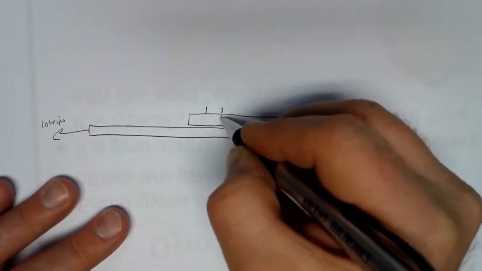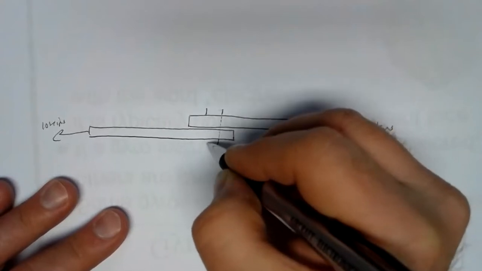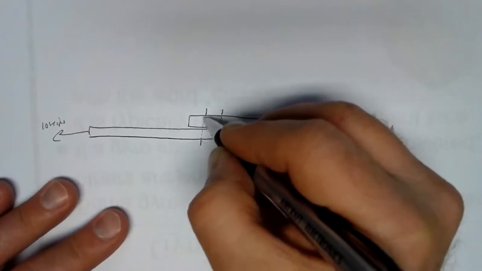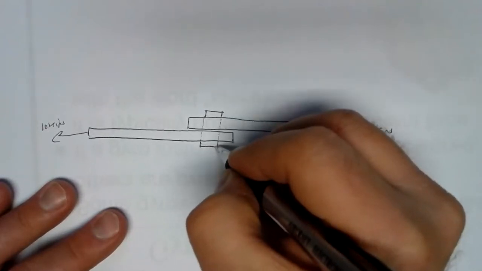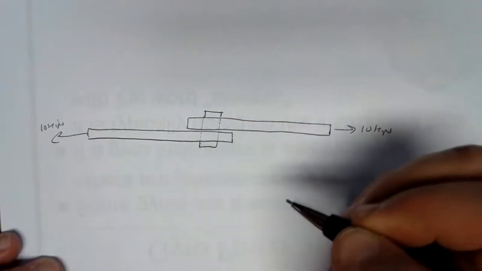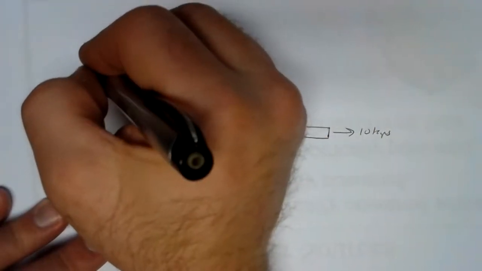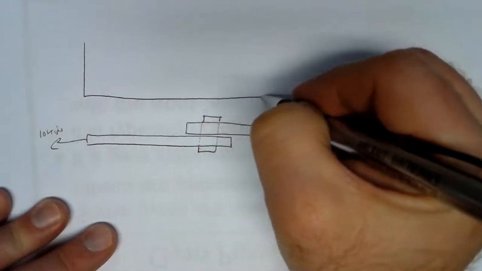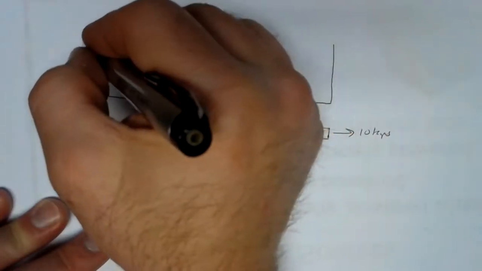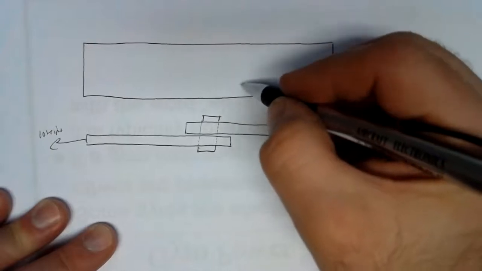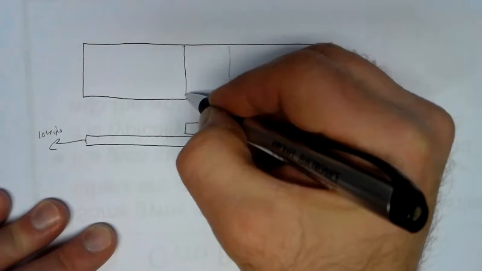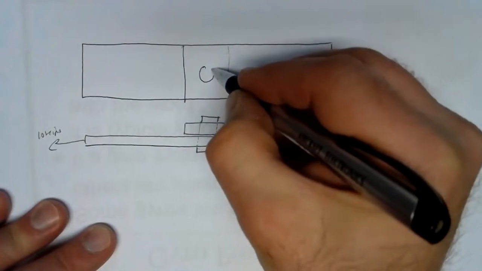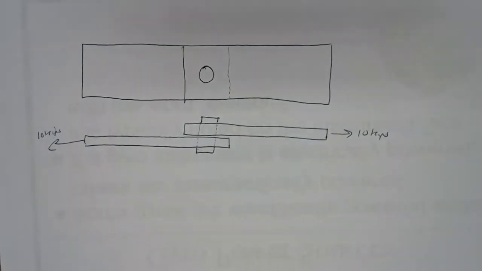So we'll put a pin through here. That pin is going to join the two parts together. We'd have to have a hole drilled through, and then we'd have to drive that pin in. So the top view might look something like that there.